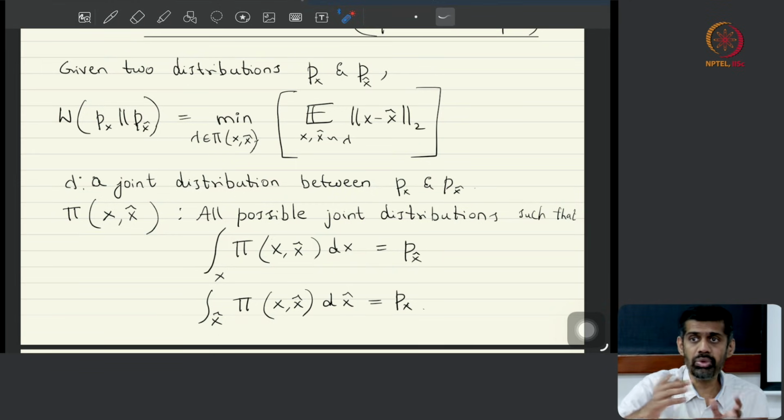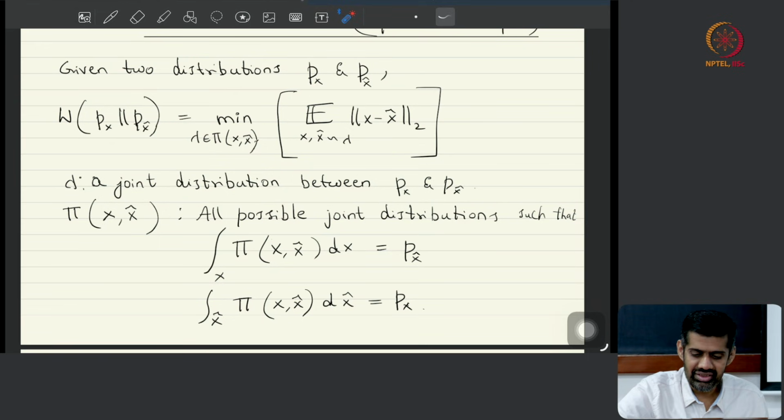Consider all possible joint distributions between two random variables, and the Wasserstein's metric is defined as the minimum, not the minimizer, of the expected value of this distance metric over all possible joint distributions over two random variables. It looks like a complicated definition, but it is very intuitive.